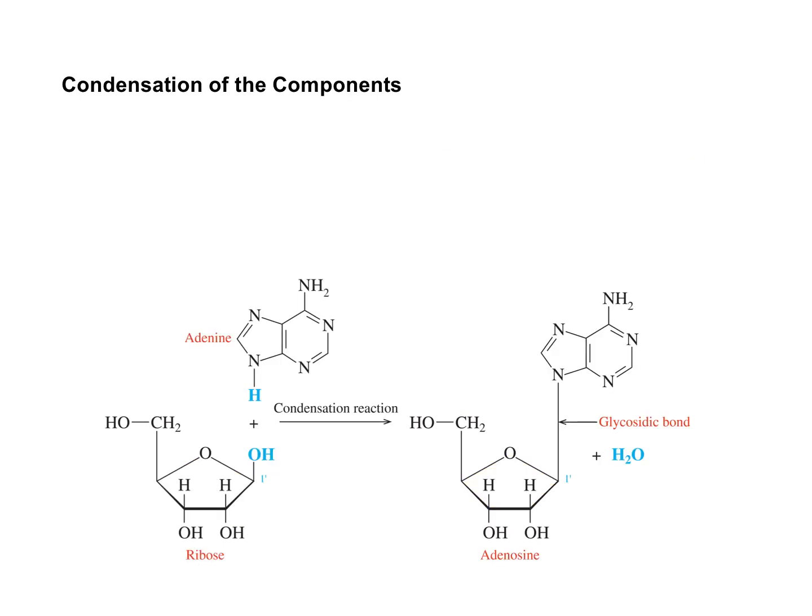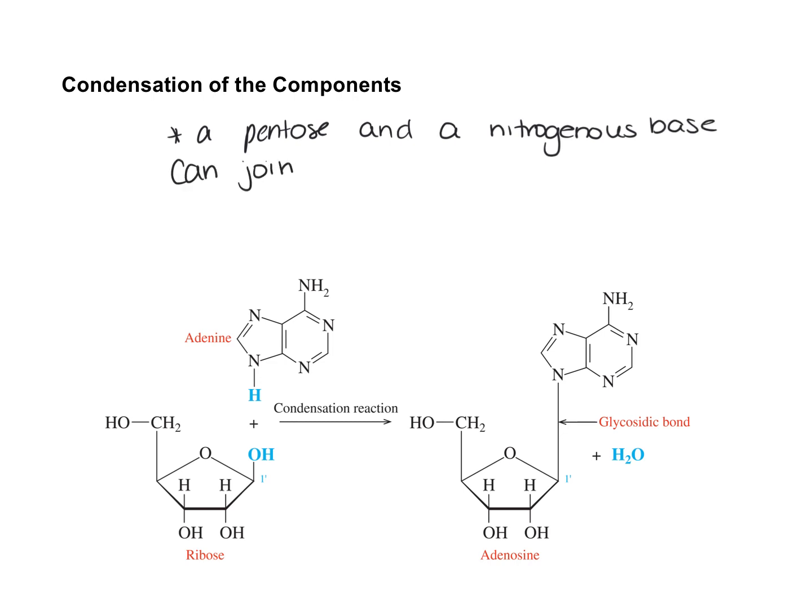Now, for these two components to come together, they go through condensation reactions. So a pentose and a nitrogenous base can join by a condensation reaction.